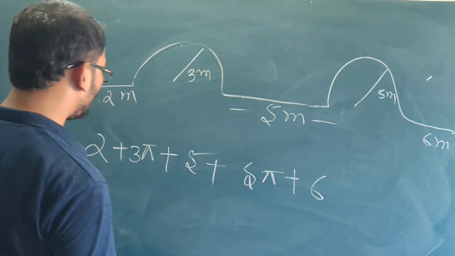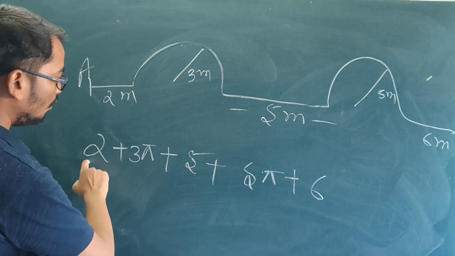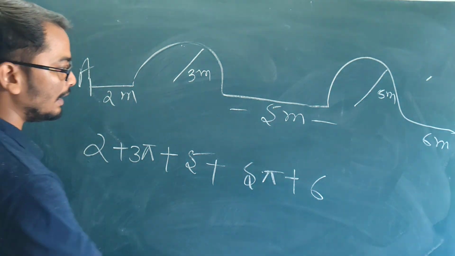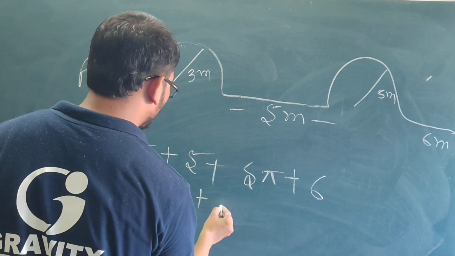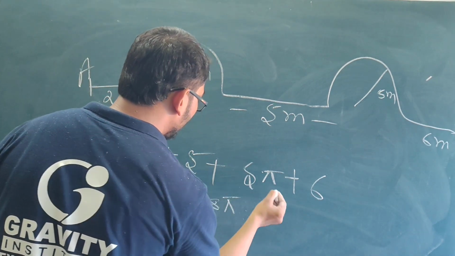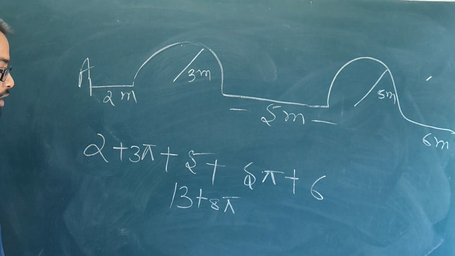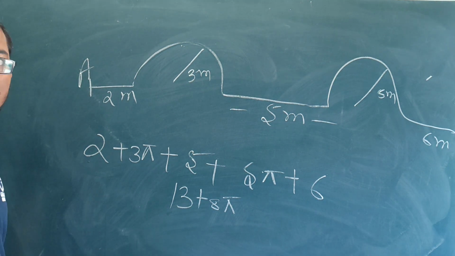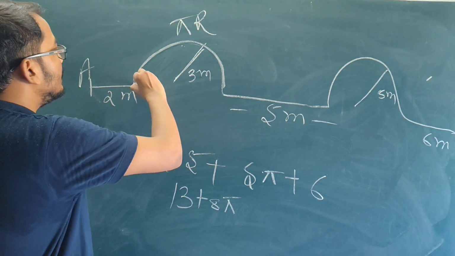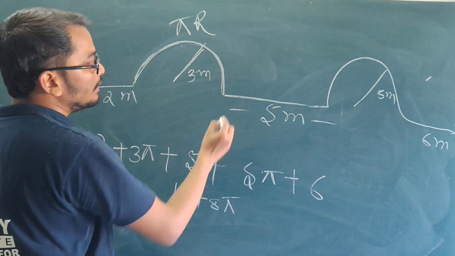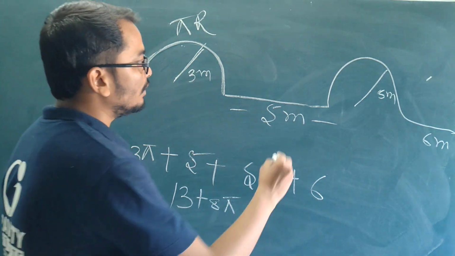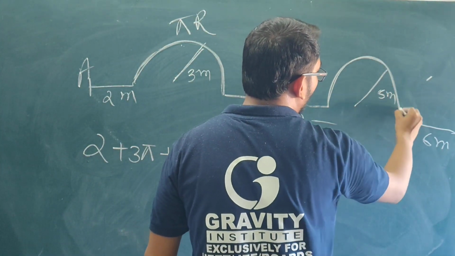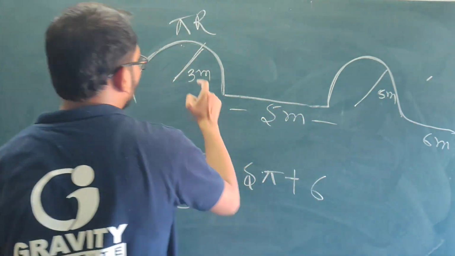So what will come out? 3, 2 and 5, 7 and 6, 13 plus 8 pi. It is the distance. This distance is pi r because it is the circumference of a semicircle. This distance will also be pi r. Here the radius is 5, here the radius is 3.